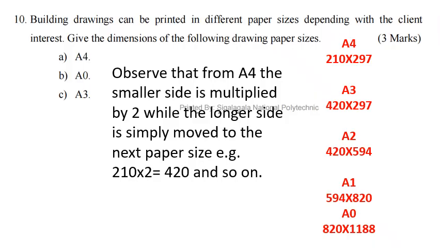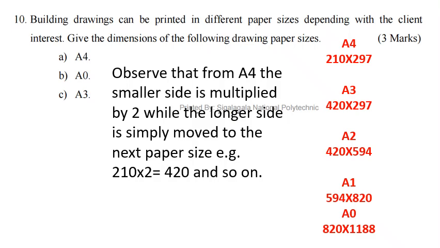Bring it down to A1 and then multiply the shorter side by 2, you get 820. Same to the last one here, A0. We identify the longer one, 820, bring it down and then multiply the shorter side by 2, and we have our A0.